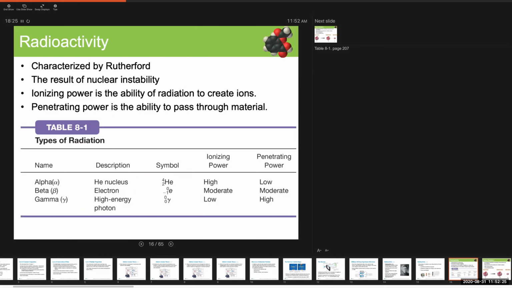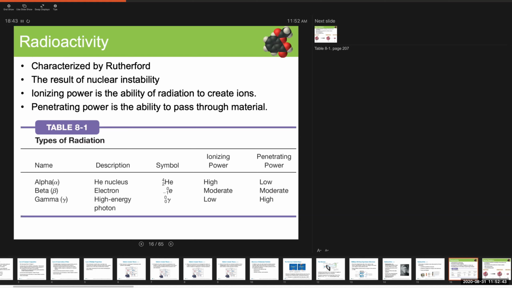Okay, what I'd like to have you focus on here are the definitions of ionizing power and penetrating power. Ionizing power is the ability of radiation to create ions. Penetrating power is the ability to pass through material.